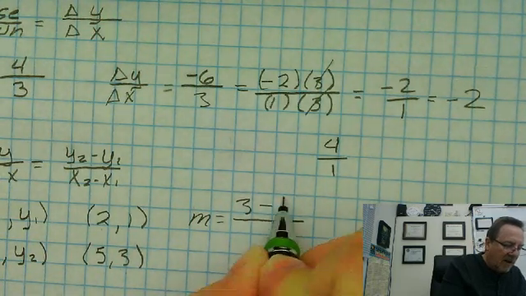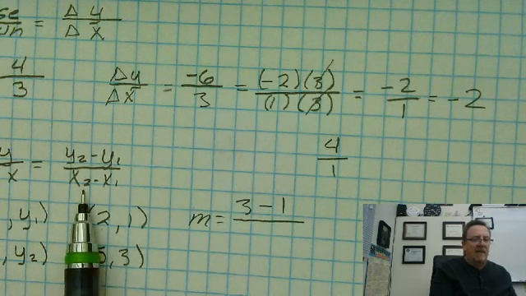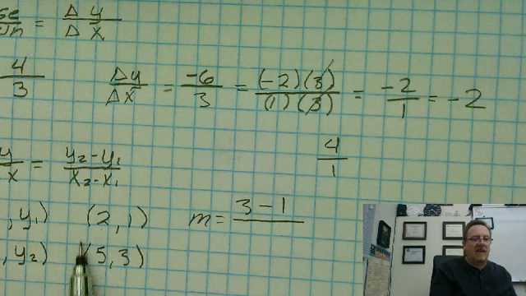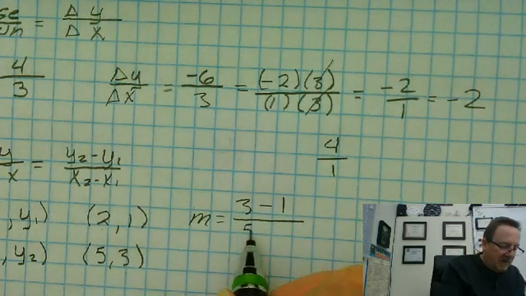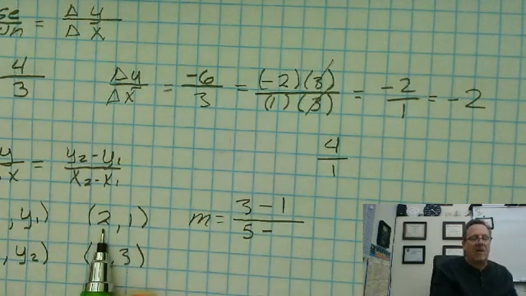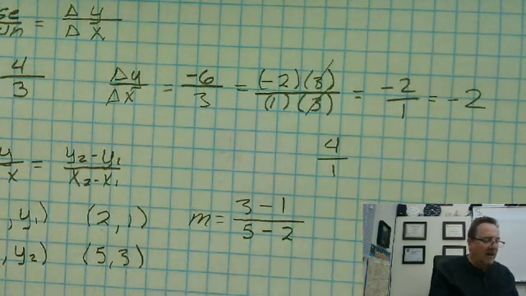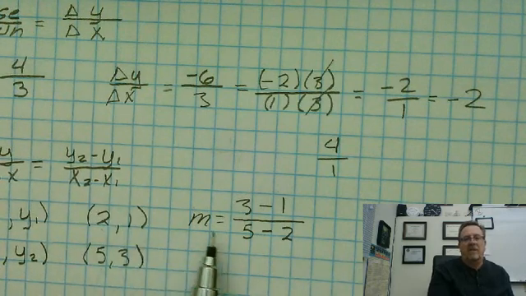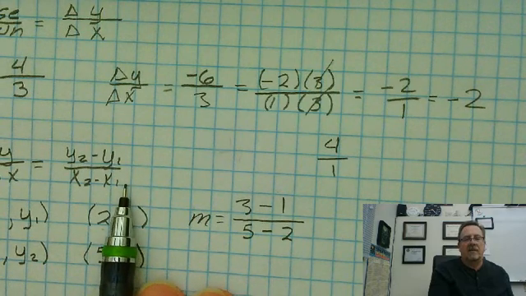So I'm going to say 3 minus 1. Now I come back to build my fraction and look at the difference of the x values, starting with the x value from point 2, which is 5, and subtracting from that the x value from point 1, which was 2. So what we're doing is using our slope formula and filling in for our y's and our x's.